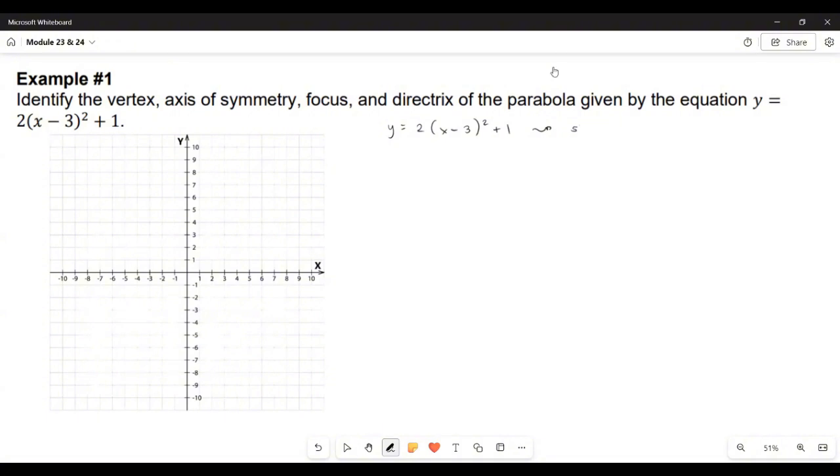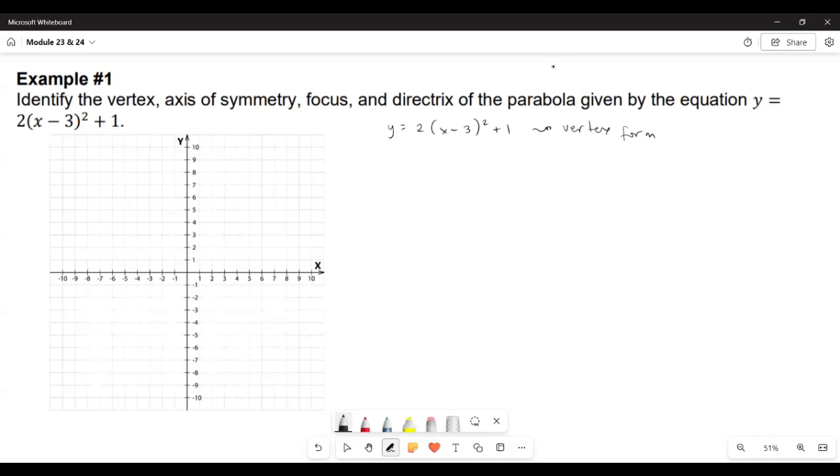Ito ay naka vertex form. Okay? So, pinapahanap sa atin yung axis of symmetry kung saan magfo-fall, which is dadaan yan sa vertex natin. Okay? Then, pinapahanap din yung focus and then yung directrix kung saan magfo-fall.